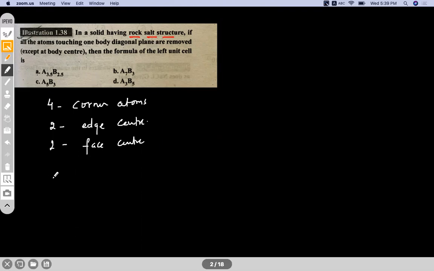So the contribution of B is what? We have only 4 corner atoms, so 4 into 1/8, and we have 4 face center atoms, so 4 into 1/2. So 1/2 plus 2, we have 5/2. And A is in the octahedral voids. We have 12 edge centers, so 10 into 1/4, plus 1. So 5/2 plus 1, so it is 7/2.